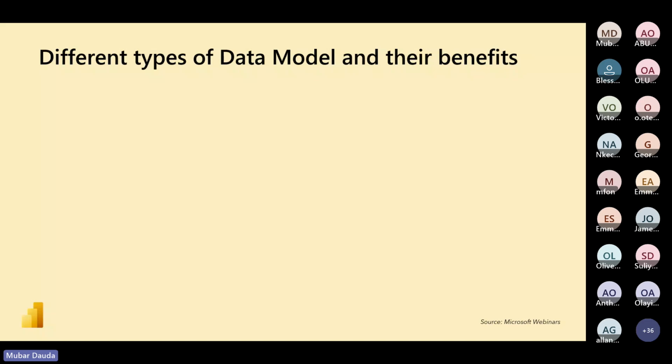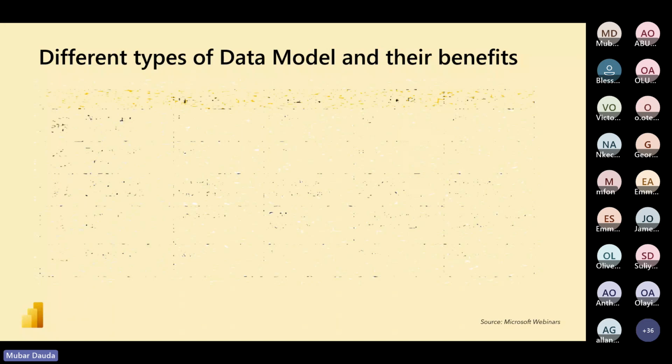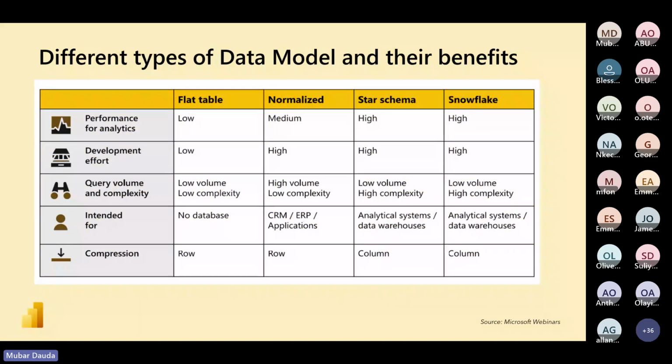So what are the benefits of these data models? For a flat table, the performance is very low. Like the normal one, you haven't even connected them together. The one that will do for our data modeling, every time you come across it, whether in business or anything, will always be the star schema.